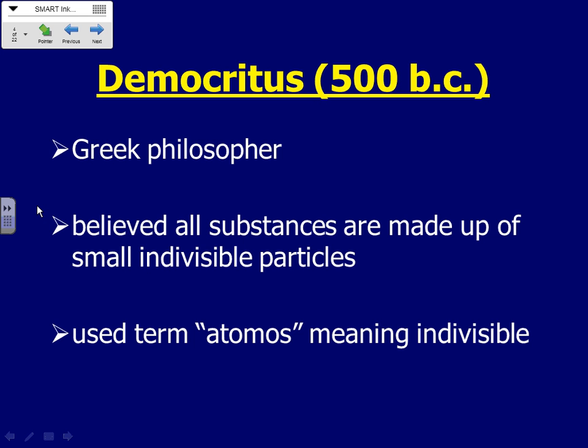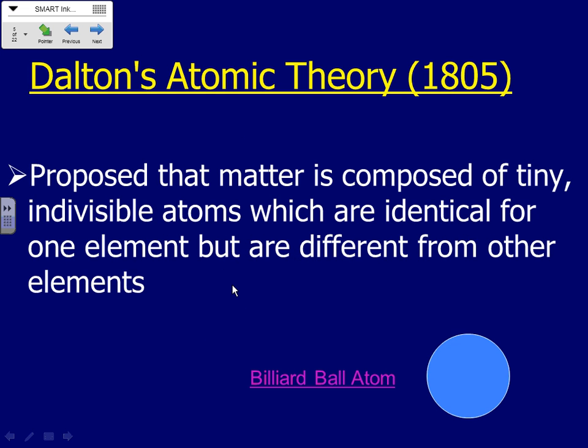That's about it. So moving on, next we talk about Dalton. Again, Aristotle's ideas were so dominant that nobody even questioned them. So this idea of atoms really did not prevail until Dalton came along and proposed the atomic theory.